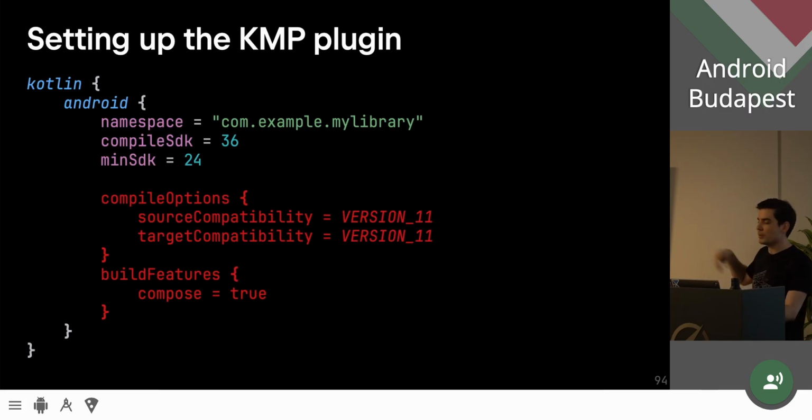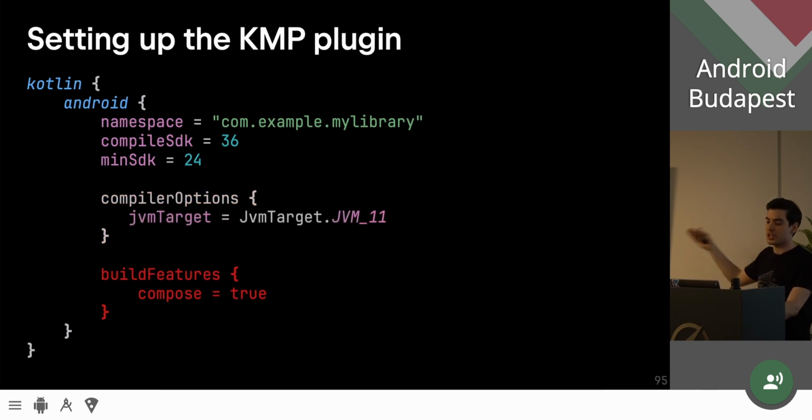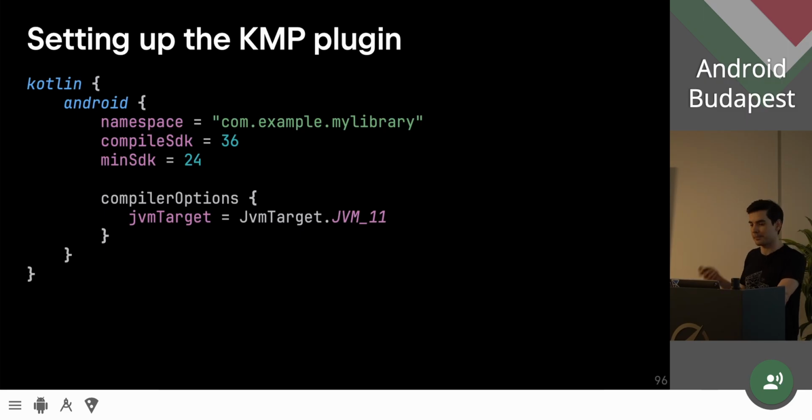And so this we either just remove, or maybe we can just change the Kotlin JVM target to use Java 11 here. And then things like build features, most of them are unsupported in KMP libraries. Again, things like build config don't make sense anymore. And Compose, for example, just doesn't need to be enabled like this, so we can just remove that bit.